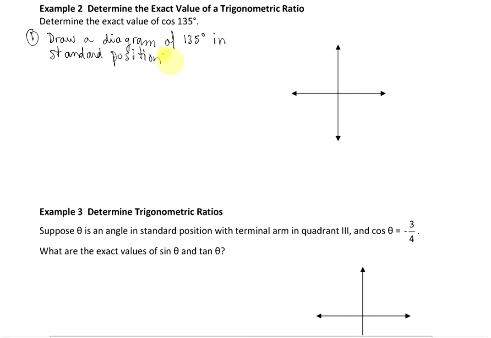Okay, and we know that 135 degrees is in the second quadrant because it's between 0 and 180. So let's draw our initial arm and then our terminal arm and our angle in standard position, which is 135 degrees.